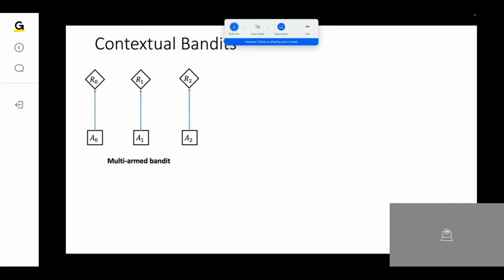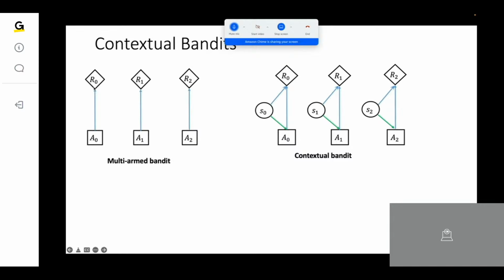Now, what we have seen is that the MDP for multi-arm bandit has the simplest structure, where we have only actions and rewards. What we have introduced in contextual bandit is that there are states. The action depends on the states, and the reward depends on both action and states. Okay?